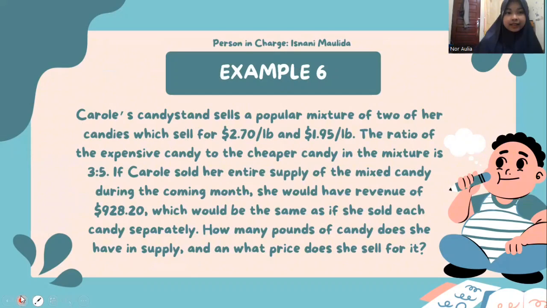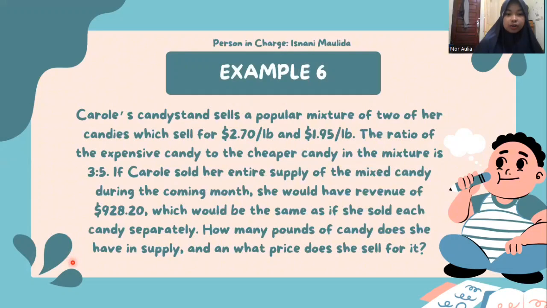Next is example 6. The question: Charlotte's Candy Stand sells a popular mixture of two of her candies, which sell for $2.70 and $1.95 per pound. The ratio of the expensive candy to the cheaper candy in the mixture is 3 to 5.